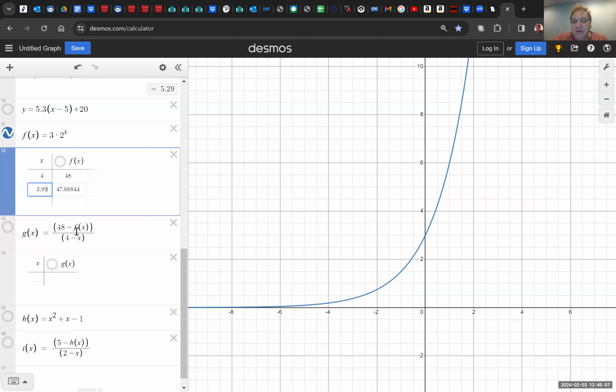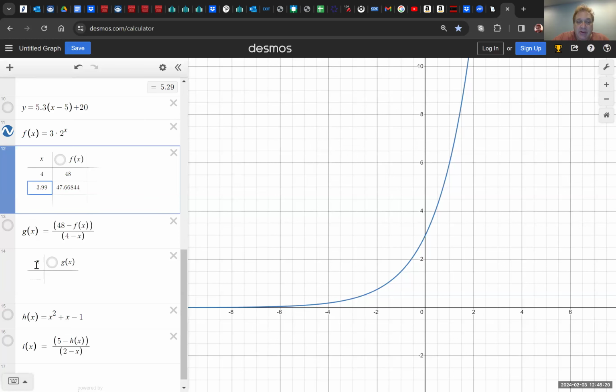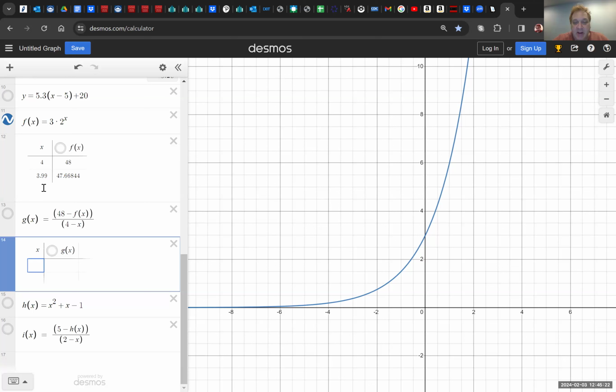So I've created a function here, g of x, which calculates the slope, y2 minus y1 over x2 minus x1, assuming this is my x2, y2 up here. Doesn't matter the order. So I'm going to put in here an x value, 3.99, and it's going to do the y2 minus y1 over x2 minus x1 for me. So this is calculating the slope. So the slope is about 33.15. This is much faster than me typing out the calculations themselves.